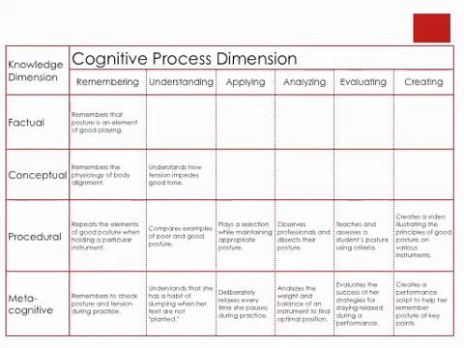Just carrying through the procedural level, one more step, at the analysis level, a student might observe a professional and dissect their posture, describe what they're seeing and doing. And at the evaluation level, they might teach and assess a student's posture using a particular set of criteria that either were given to them or they developed themselves.